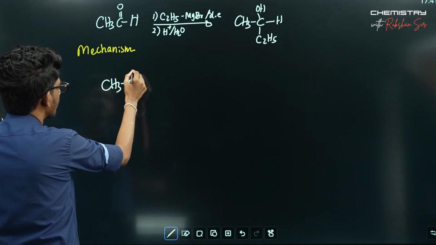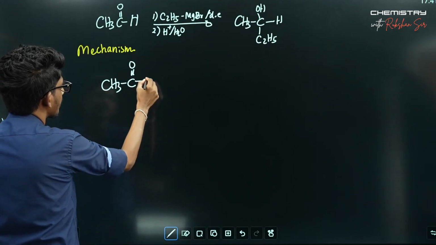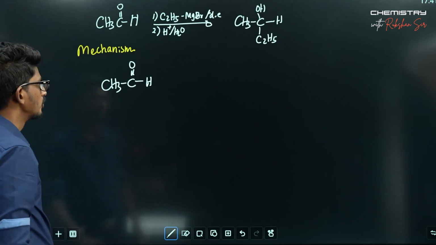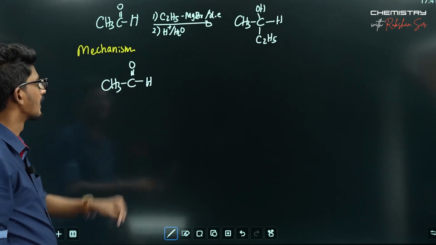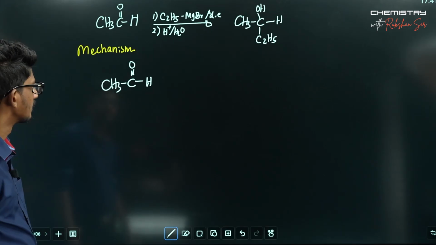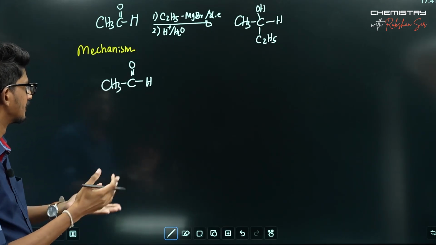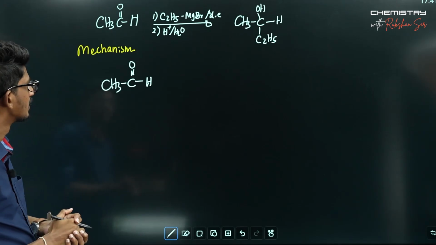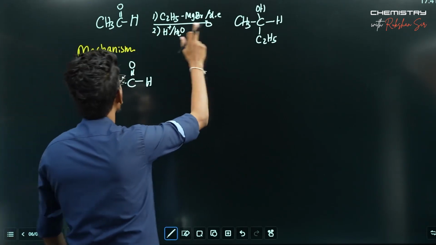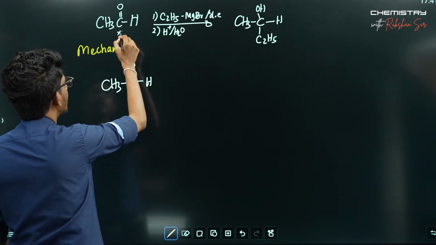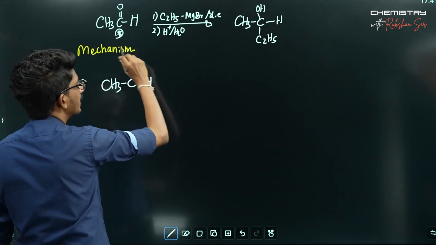When writing mechanisms, you are always supposed to display all the bonds with the carbons which will form and which will break bonds. We clearly see this carbon is involved in bond breaking and bond forming.